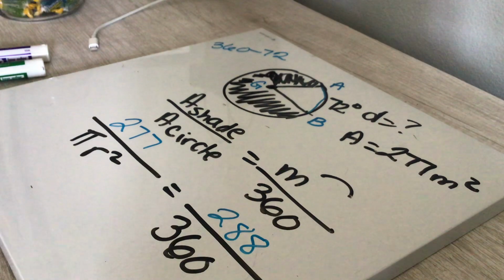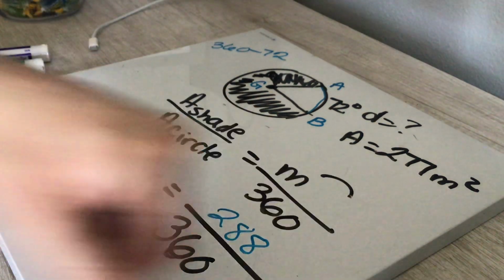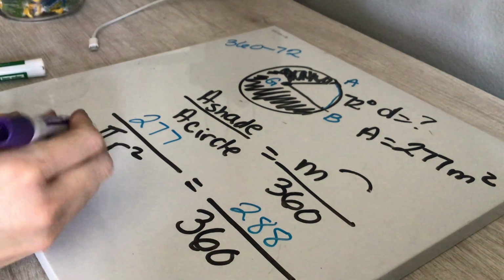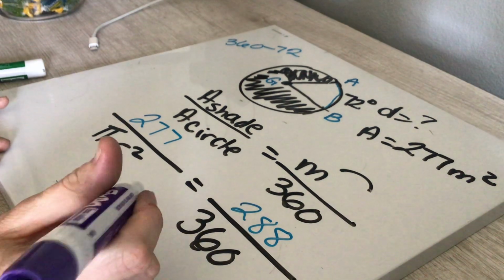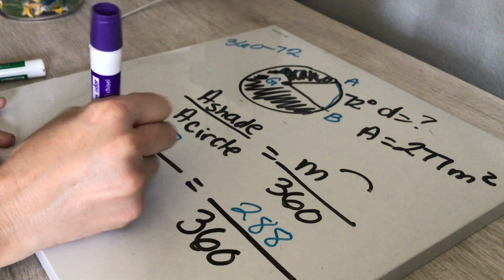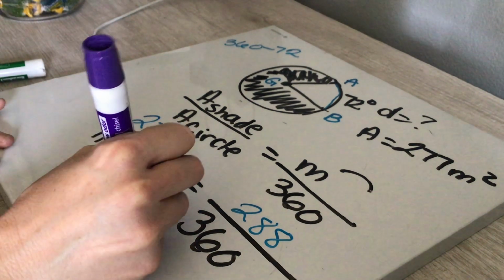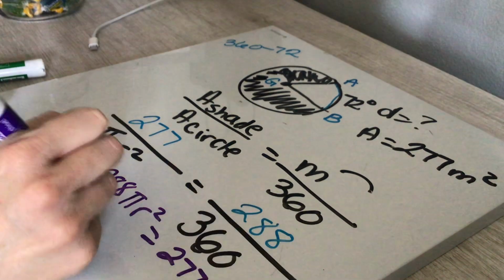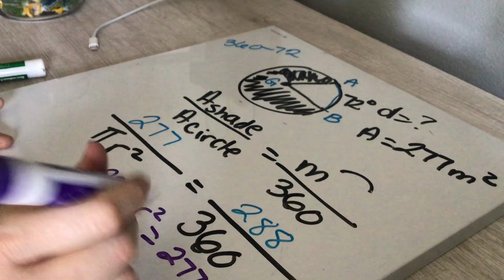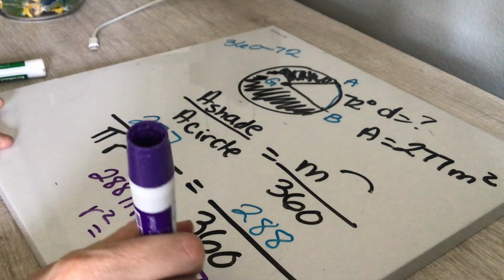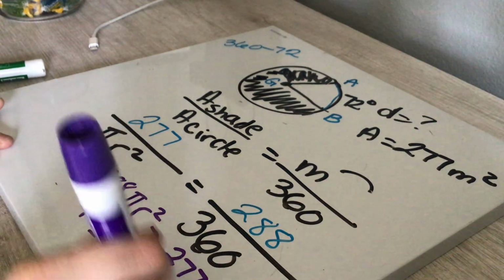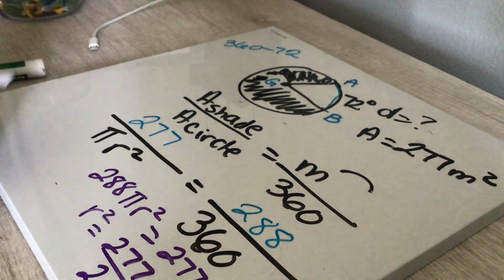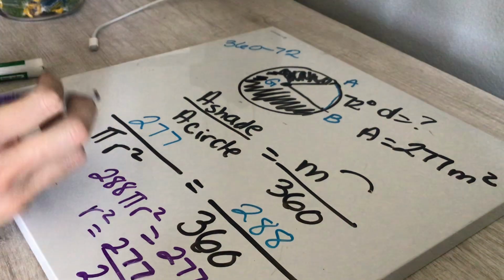Then we're going to solve for r, because once you get r by itself, then you can get the diameter. So cross multiply. 288 pi times the radius squared equals 277 times 360. Then r squared is going to be 277 times 360 divided by 288 pi. And then take the square root of that.